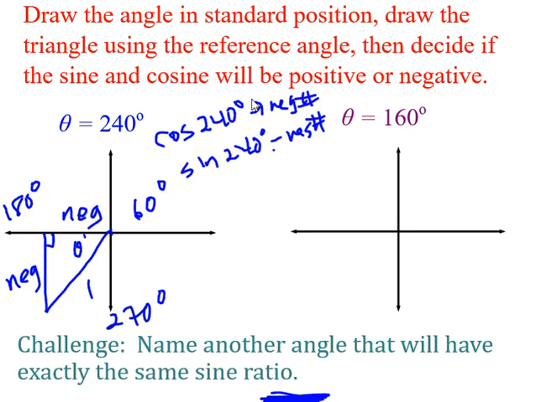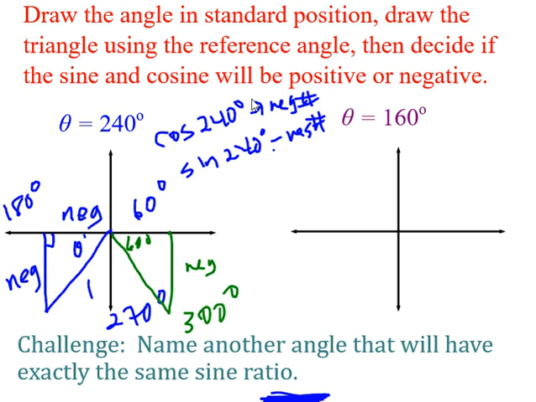I need to be somewhere in quadrant 4 because I still want sine to be negative, right? I need to have a negative sine, and I'd still have to have a 60-degree reference angle. So as a challenge question, where would I be at if I was down here at 60 degrees? I think 300 degrees. You could check that with your calculator. Do you get the same sine ratio for 240 and 300? Check that out.